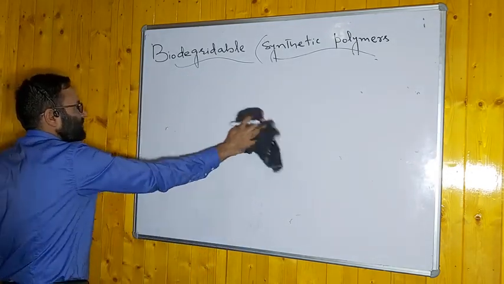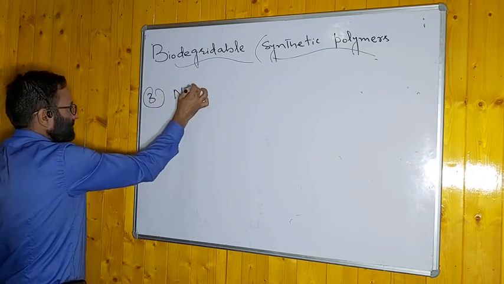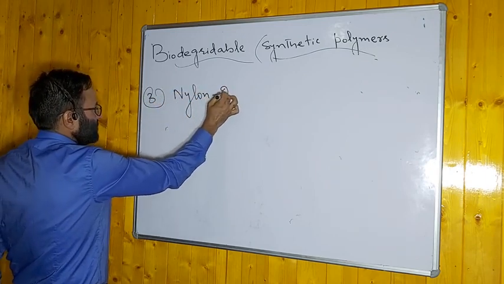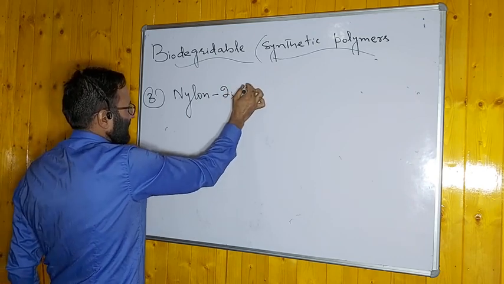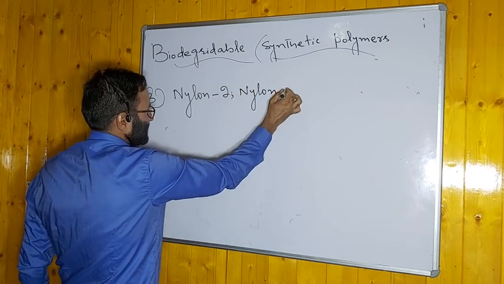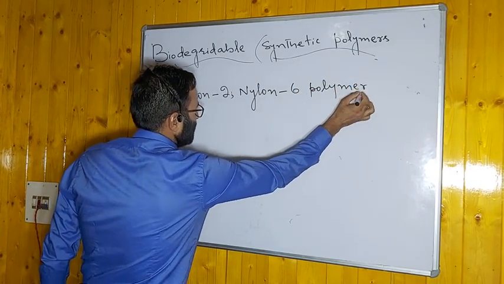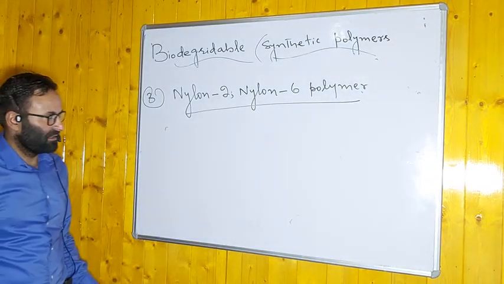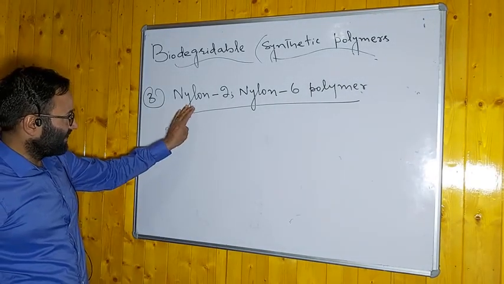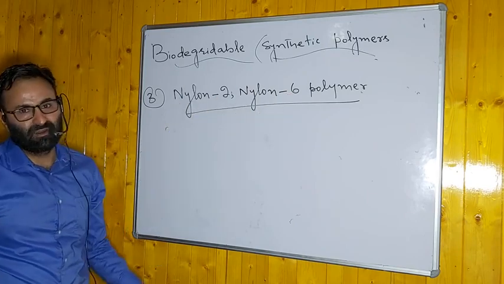Now we have the third biodegradable synthetic polymer. The third one, we have nylon 2, nylon 6 polymer. It will be a polyamide, because nylons are polyamides, but the only difference is that here one contains 2 carbon atoms, the other contains 6 carbon atoms.